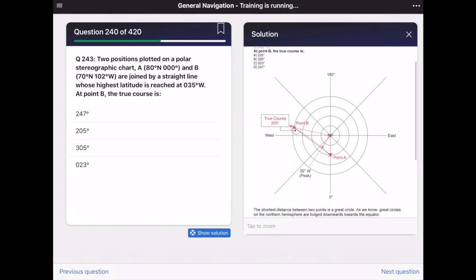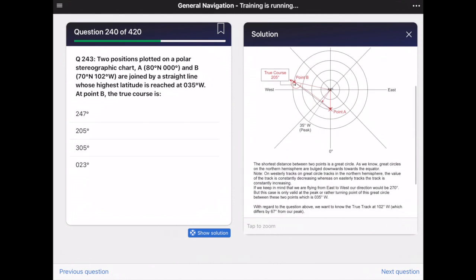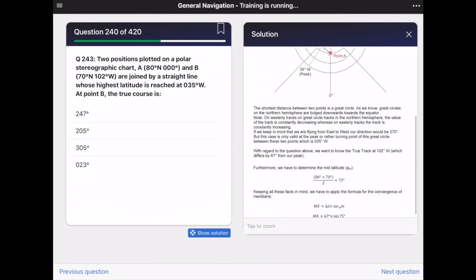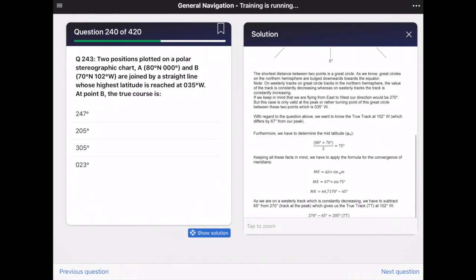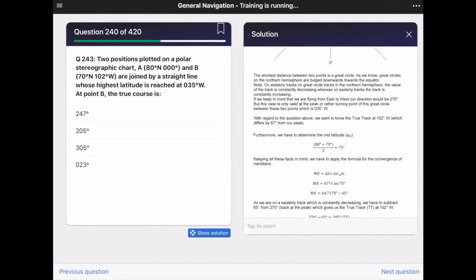Again, you can see a drawing, a Polarstereographic chart. West, east is indicated, the North Pole, as we are in the northern hemisphere, point A and point B. And then we have an explanation here, which tells us the shortest distance between 2 points is a great circle, as you might know already.